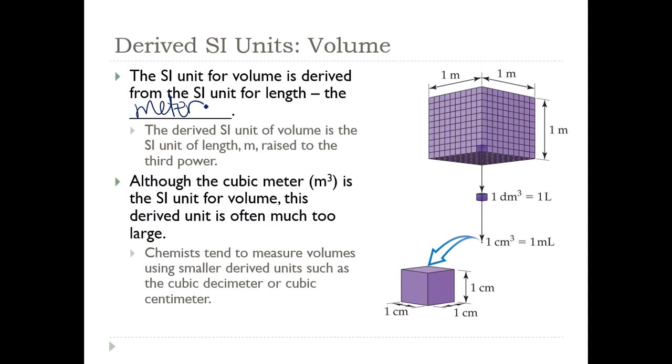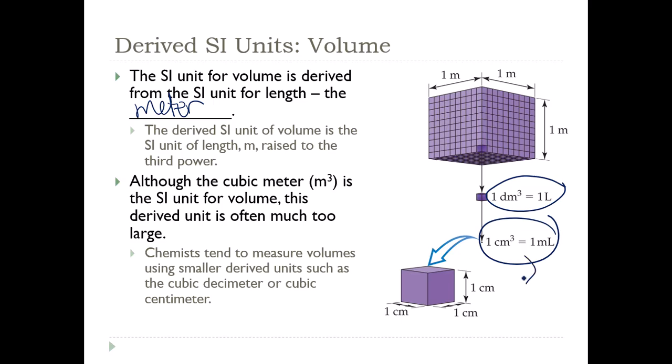The derived SI unit of volume is the SI unit of length, the meter, raised to the 3rd power, meter cubed. And although the meter cubed is the SI unit for volume, this derived unit is often much too large. So chemists tend to measure volumes using smaller derived units such as the cubic decimeter or cubic centimeter. 1 cm cubed is equal to 1 milliliter, and 1 decimeter cubed is equal to 1 liter.